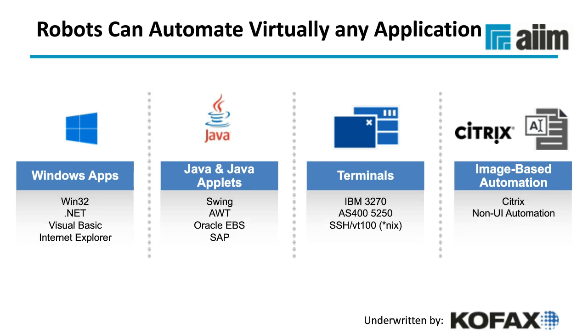I just want to make it very clear that RPA is very capable of understanding, and robots can be designed to interact with a broad range of different types of applications through which data would be utilized.